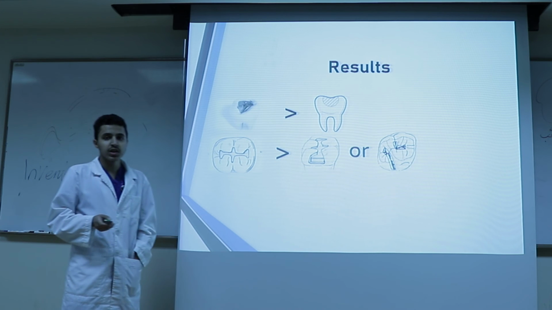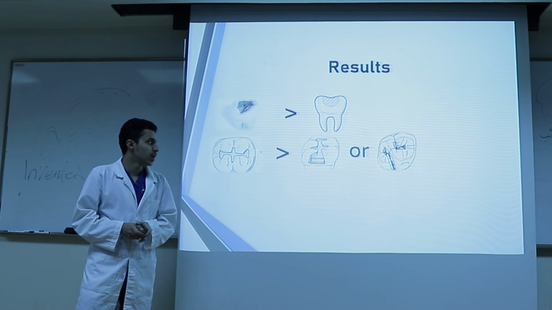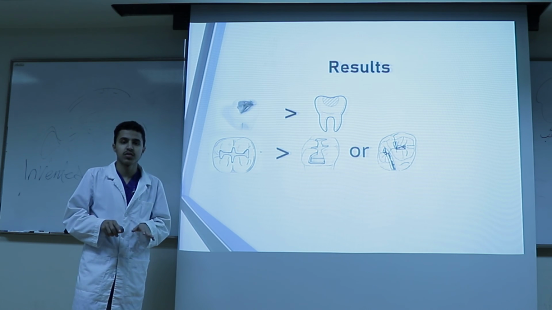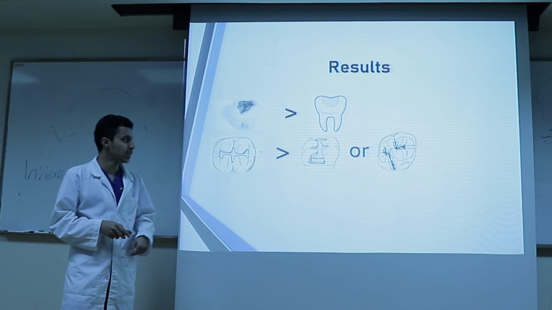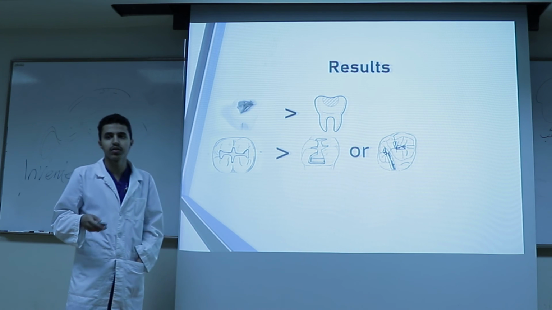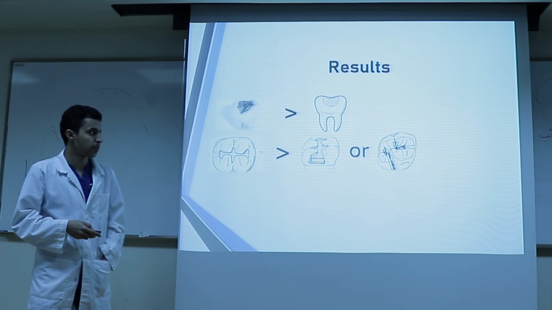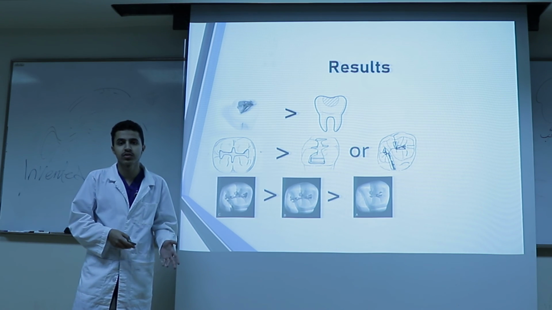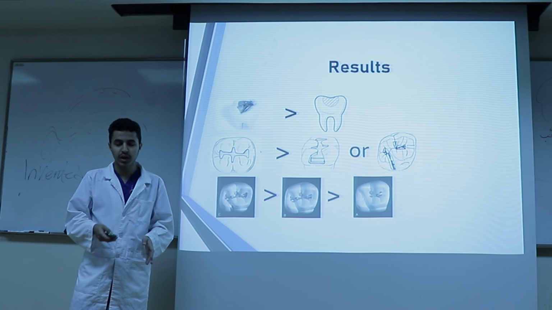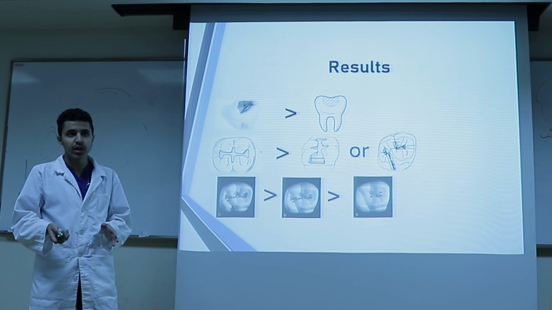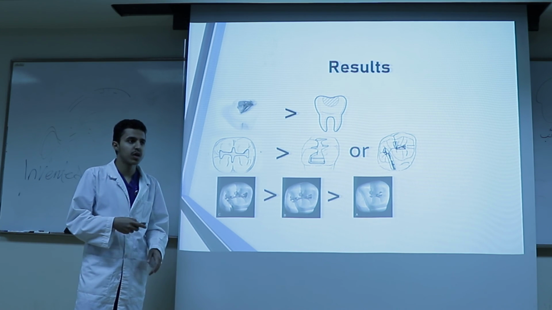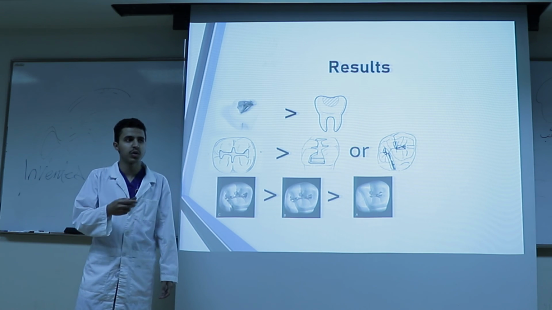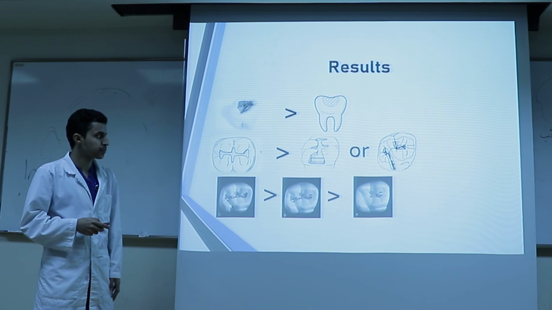And the studies also show that class 1 restorations will have less longevity than class 2 and then multi-surface restorations. It also shows the relation between the size of the restoration and the rate of failure. The rate of failure will increase with the increase of the size of the restoration, as my friend Ahmed just mentioned.